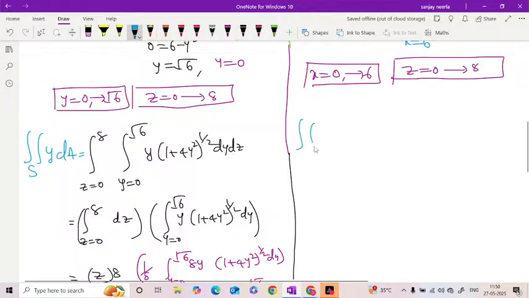Now come to the integral. Now the double integral of y dA. So here, what are the limits?